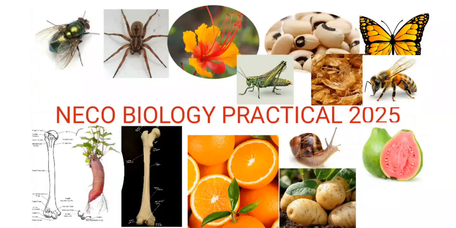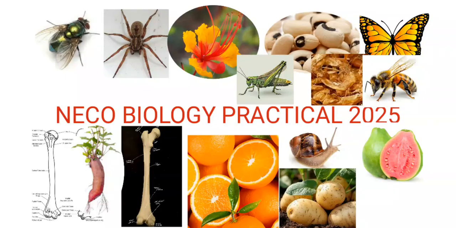There are yet other animals that belong to the same phylum, Arthropoda, but have different classes. Crayfish belongs to the phylum Arthropoda, but the class is Crustacea. Equally, spider belongs to the phylum Arthropoda, but belongs to the class Arachnida.